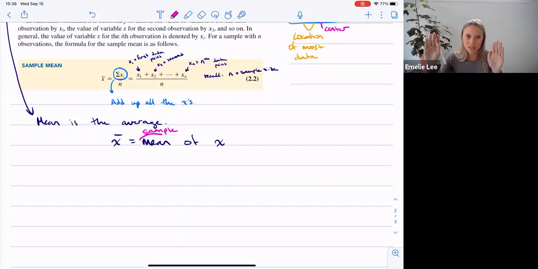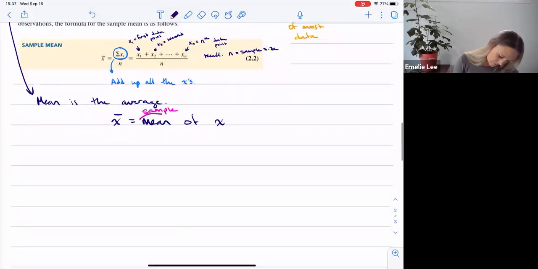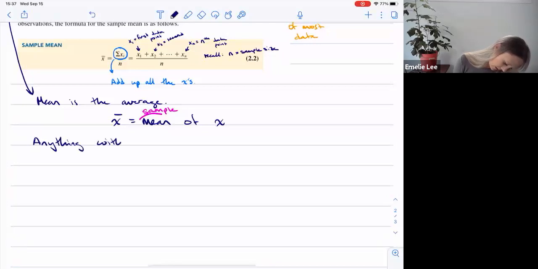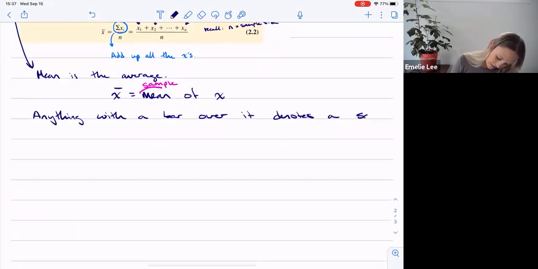The population is going to have some average, right? And so we need notation to keep those straight. And so what we do is we use a little bar over our X or our Y or our Z, and that's to denote the sample mean, right? And so anything with a bar over it denotes a sample mean.